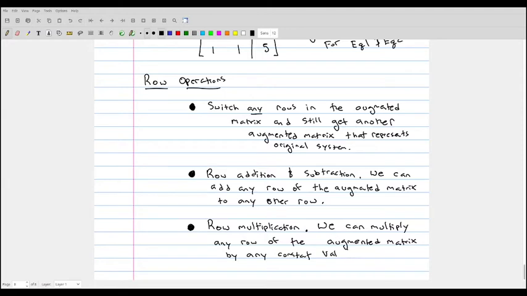I want to specify here, it should probably be a non-zero value. And we get another augmented matrix that is still equivalent in some sense to the original system.